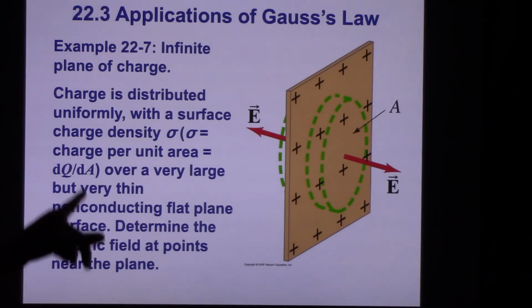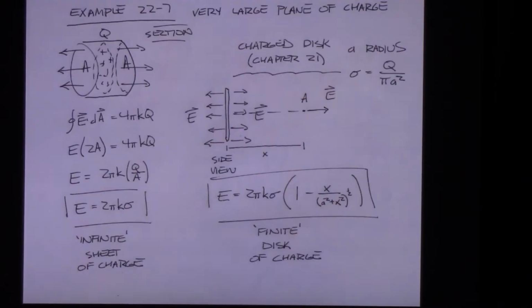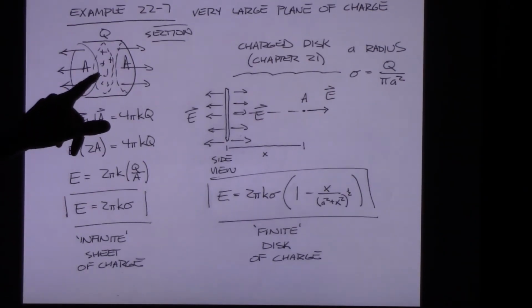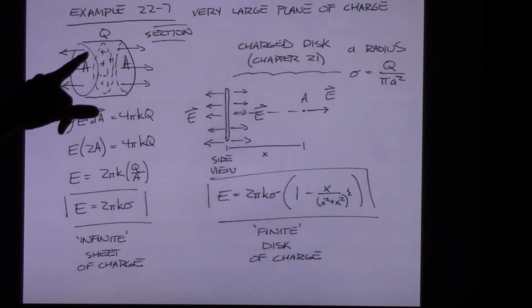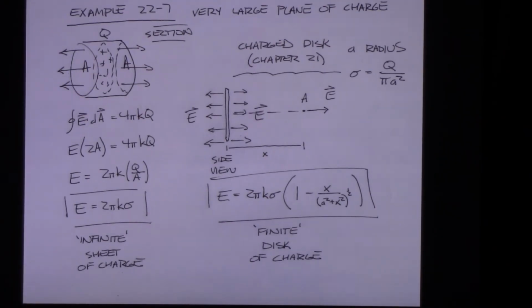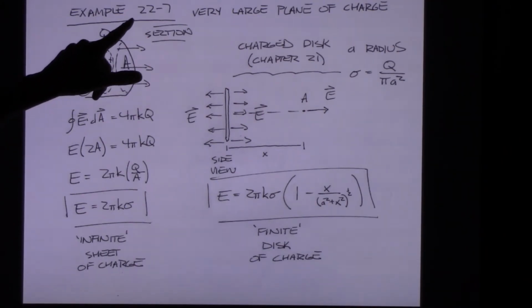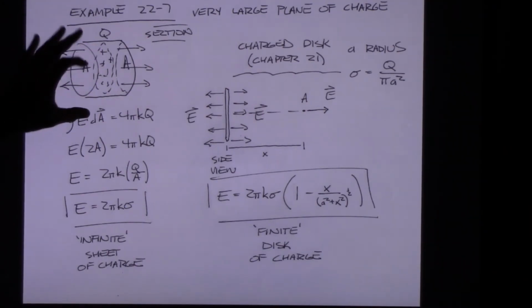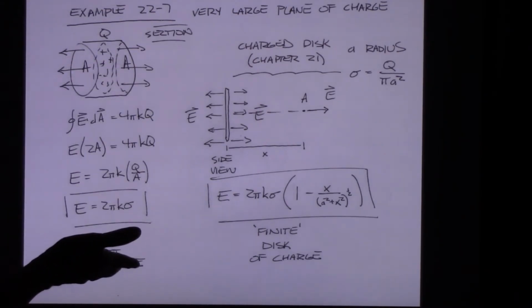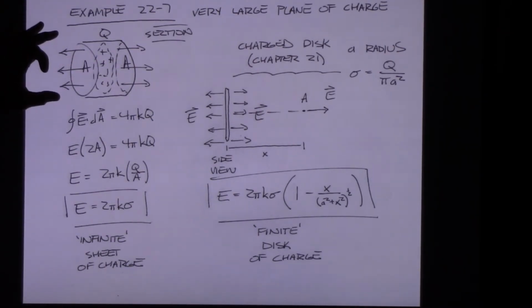So we're going to go in, we're going to calculate this, and this should look like the other examples we've looked at. So let's start out by saying I have a disk of charge, and it's so large that we're going to ignore the electric fields that are coming out the curved portion, and imagine the electric field lines only coming out perpendicular to that surface.